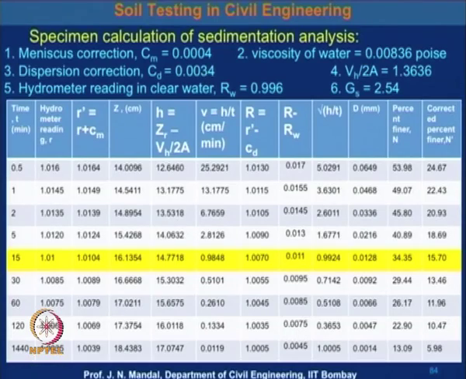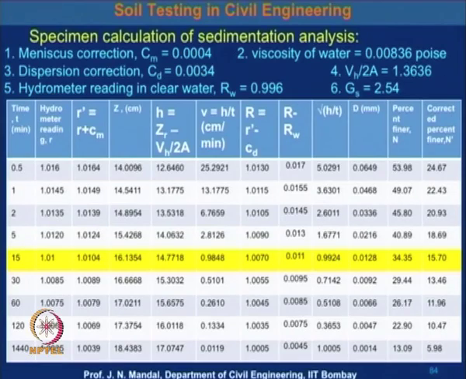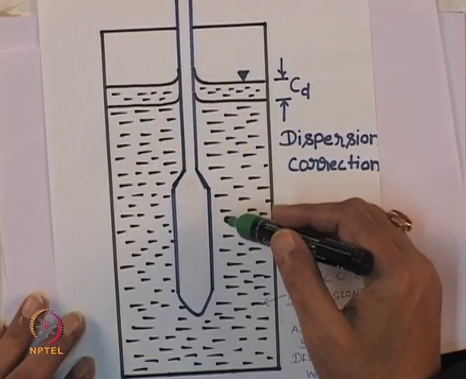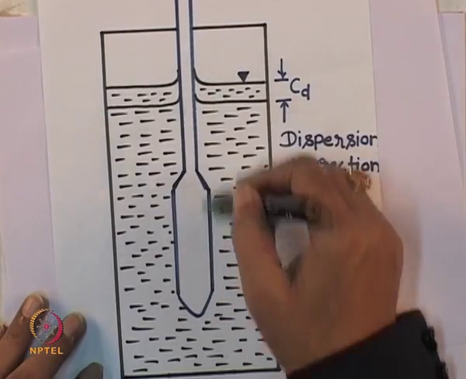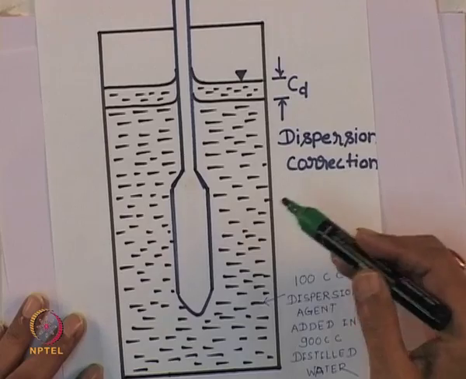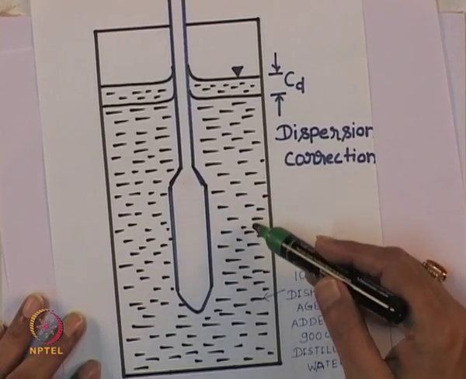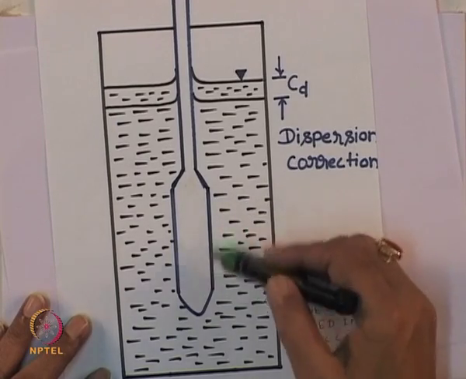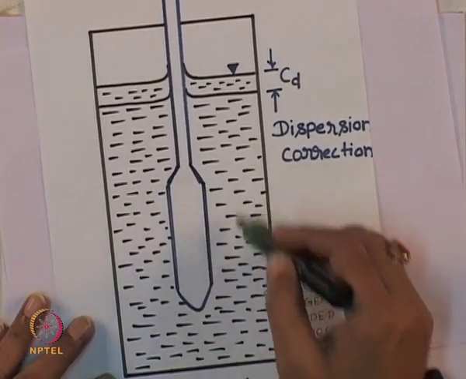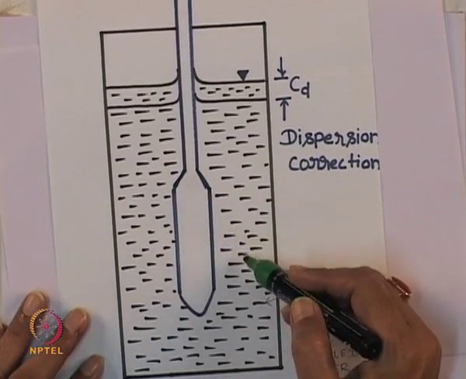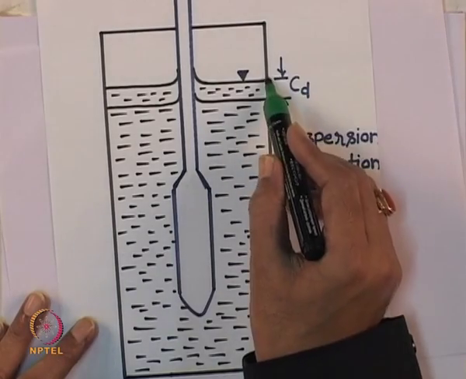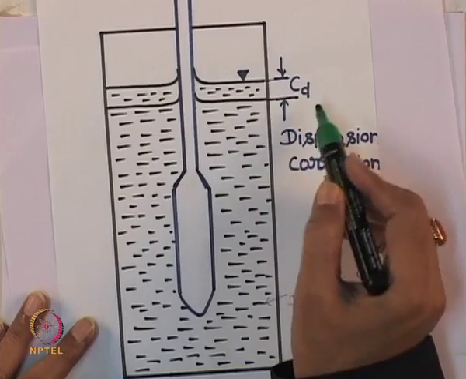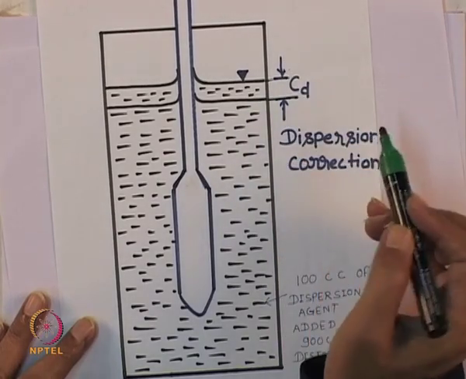Now, there is another correction which is called the dispersion correction. For the dispersion correction, you insert the hydrometer into 100 cc of dispersing agent added to 900 cc distilled water. Then you get the dispersion correction, designated CD.